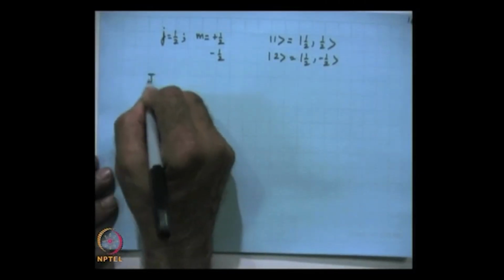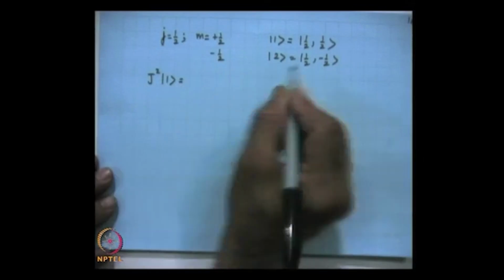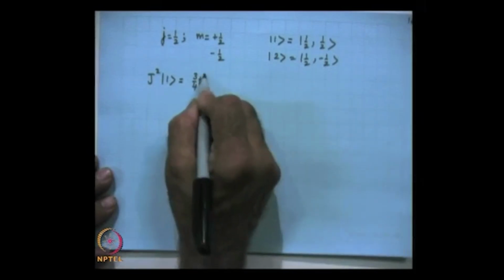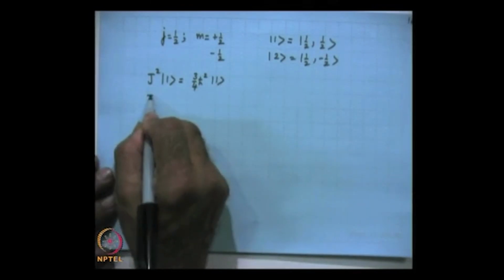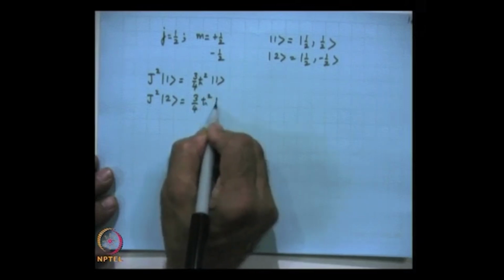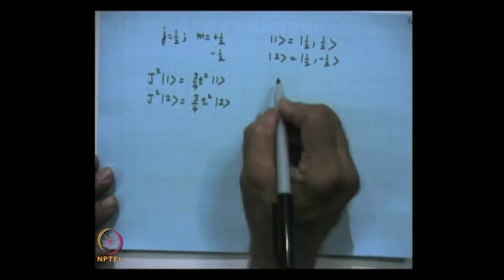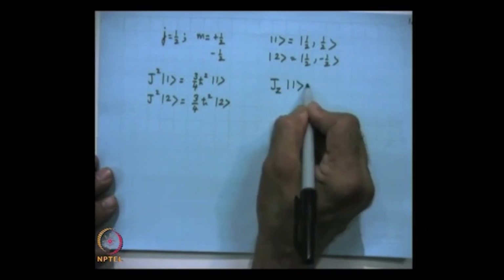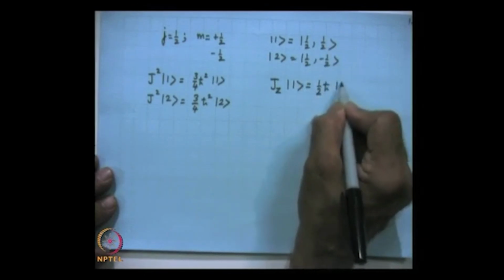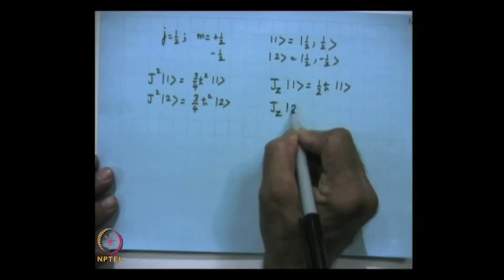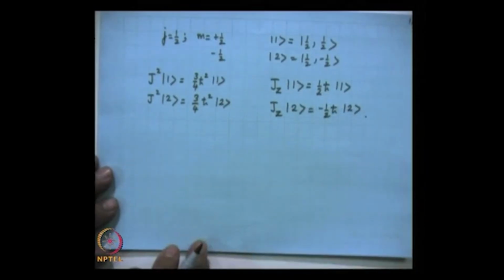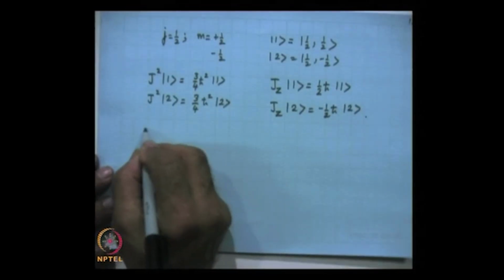That is, j square ket 1 is equal to half into half plus 1, that is 3 by 4 h cross square ket 1, j square ket 2 is also 3 by 4 h cross square ket 2, and jz ket 1 is equal to half h cross ket 1 and jz ket 2 is equal to minus half h cross ket 2.